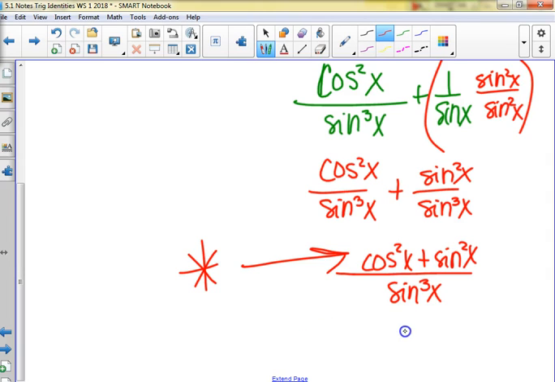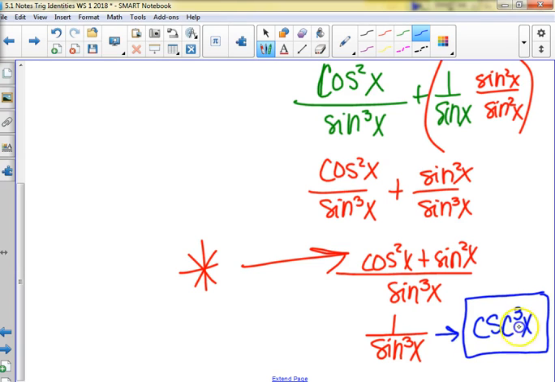Sine squared plus cosine squared equals 1. All right, so we're down to 1 over sine cubed. I could probably be okay with that. I could, but what is 1 over sine? Cosecant. So this is really cosecant cubed.